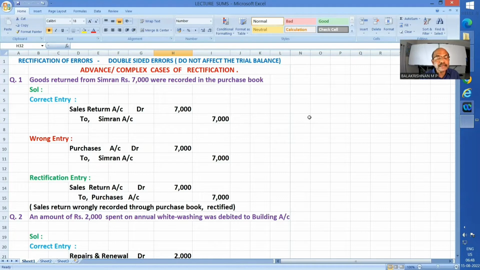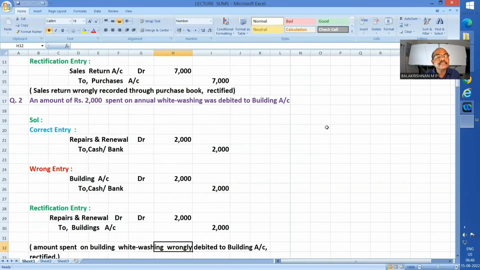We need to credit it and nullify it, and sales return account is a pending debit. So the rectification entry will be sales return account debited to purchase account ₹7,000. There's no damage done whatsoever to the amount. So sales return wrongly recorded through the purchase book is rectified.